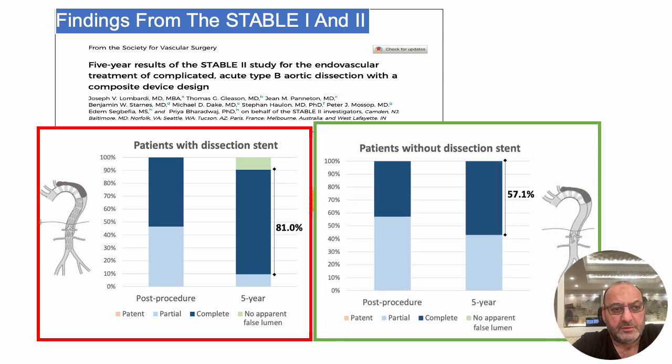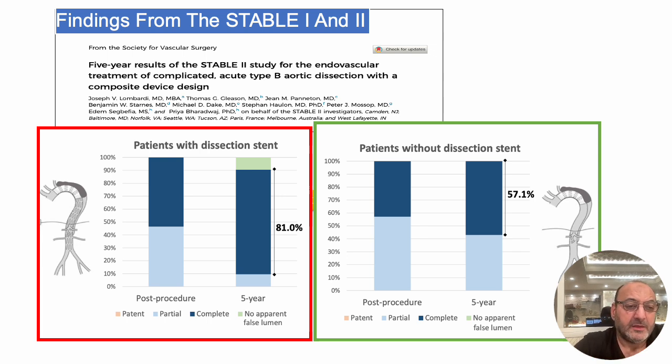When you don't use a dissection stent, remember that 5-year follow-up I showed you earlier on IVUS and CT scan. About half of those patients have thrombosis of the false lumen, but less than half, I'm sorry, have partial thrombosis.